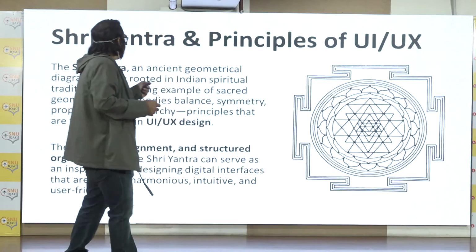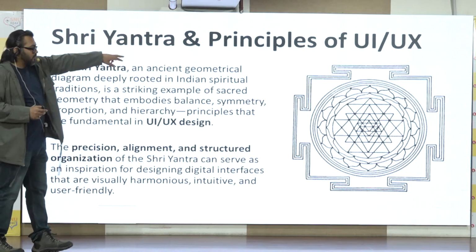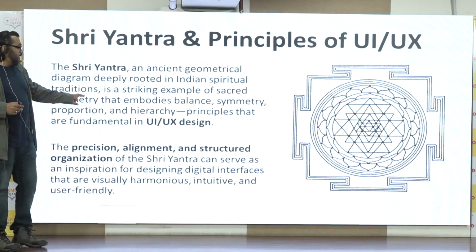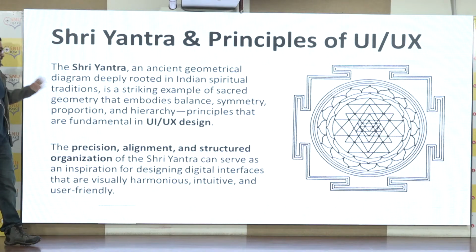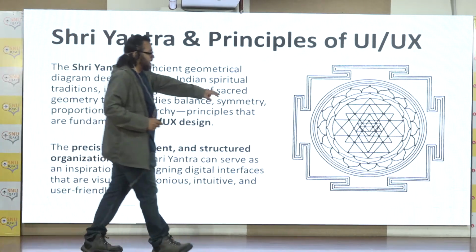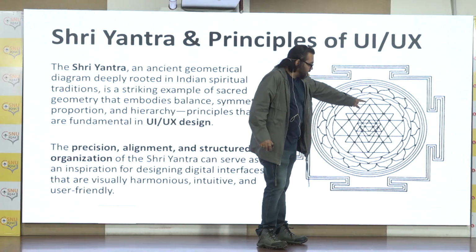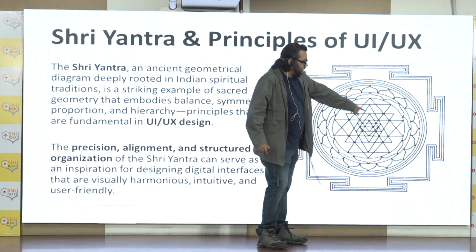Now, coming to the Sri Yantra, if we see the structure thoroughly, we'll see there is alignment, there is structured organization. Now, there is a power center to it. If we see in the Sri Yantra, there is a power center where we define balance.